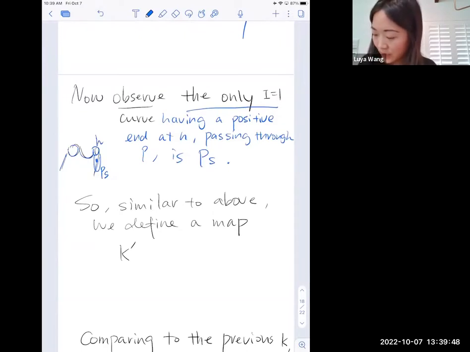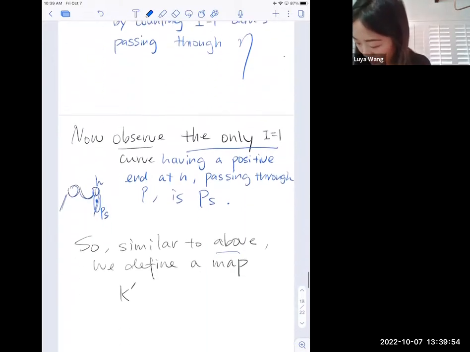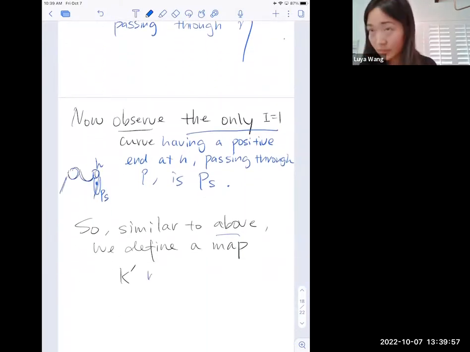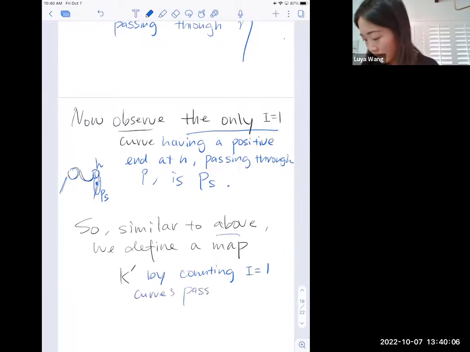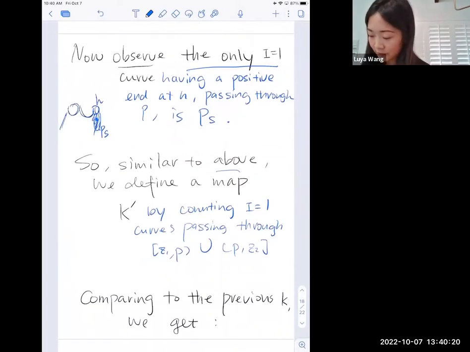So similar to the above chain homotopy, we define a map K prime by counting, again, index 1 curves passing through Z1 P union P Z2. So I am really just subtracting these planes out of the original K. The K map counts all possible things passing through Z1, Z2, and for K prime, you get rid of this P point.